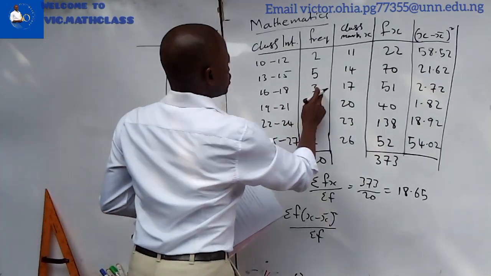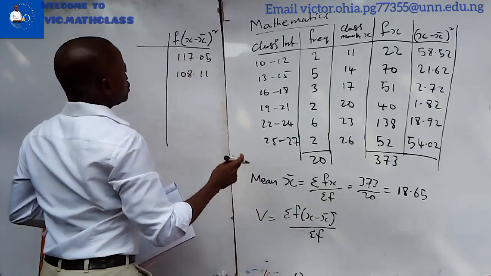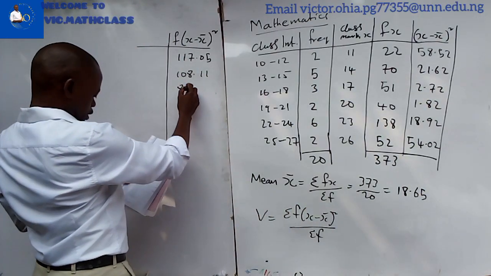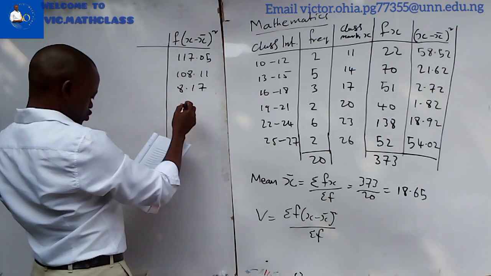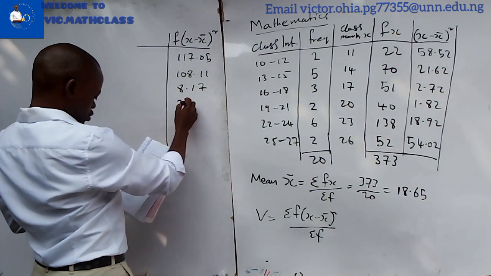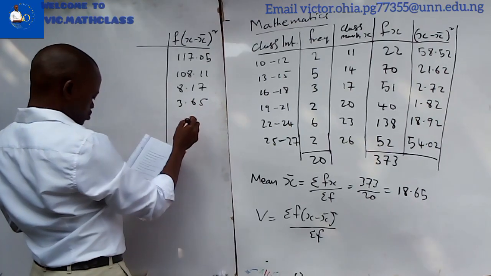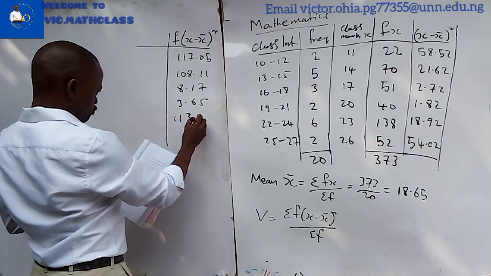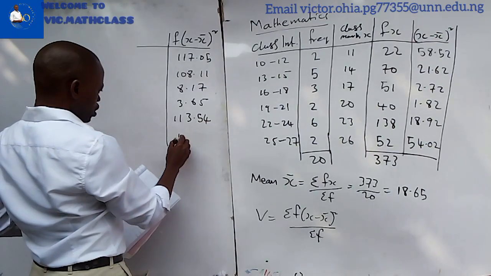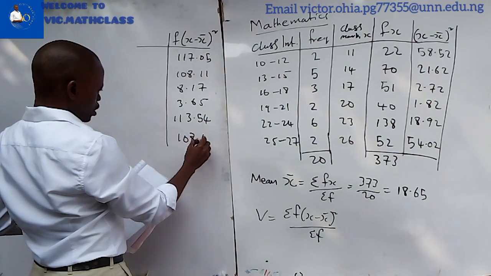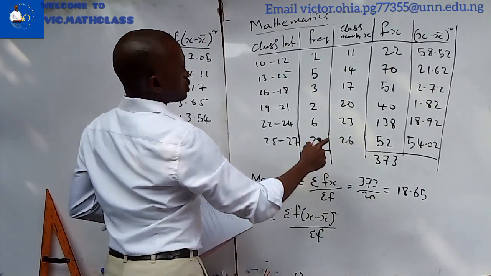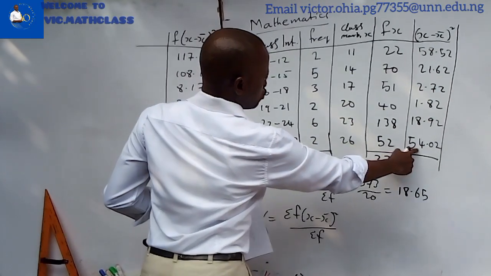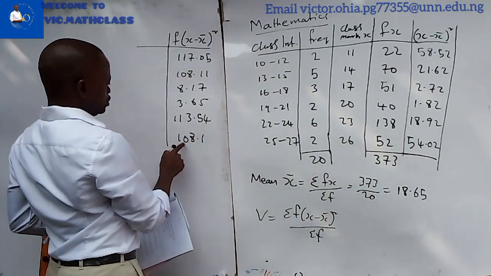Verify again that 3 times this will give you 8.17, followed by 3.65, followed by 113.54, followed by finally 108.1. That is 2 times 54.02. Check if it is this.